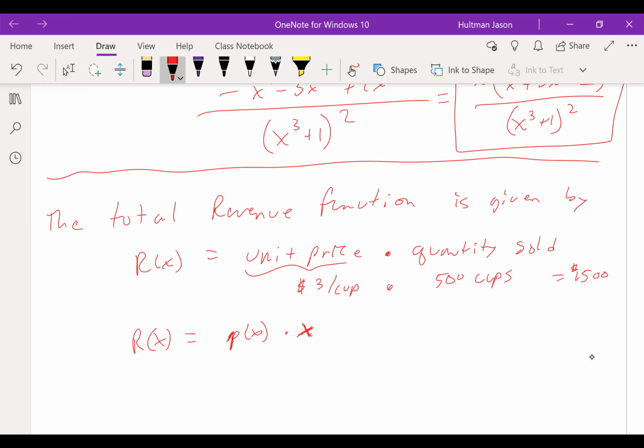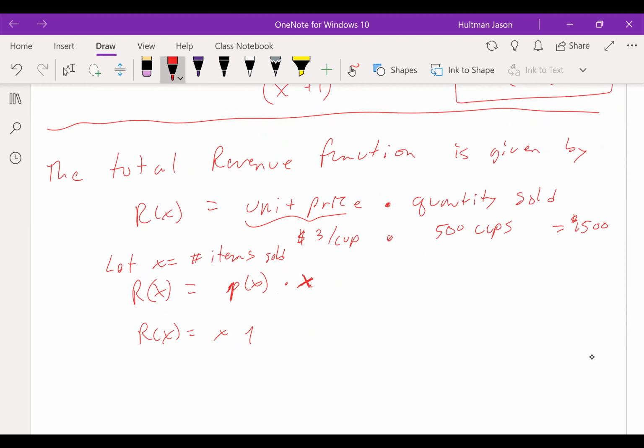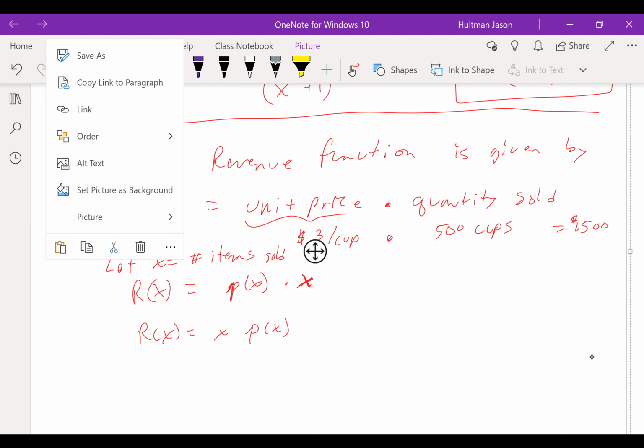So X is the number of items sold. So this R of X is going to be equal to X times the price function evaluated for X items. It's the number times the price at X items being sold.